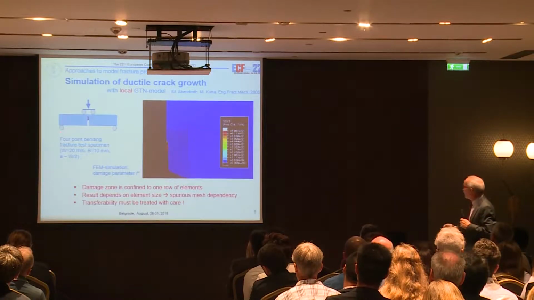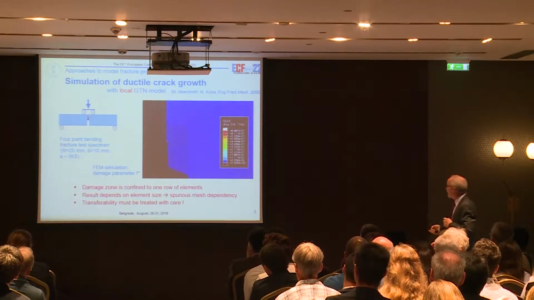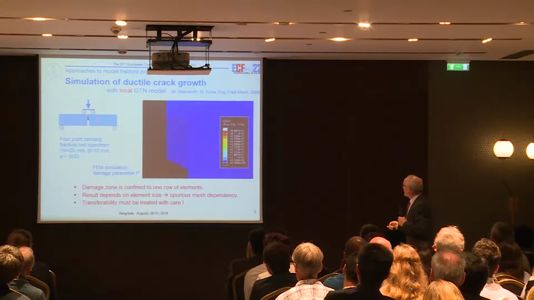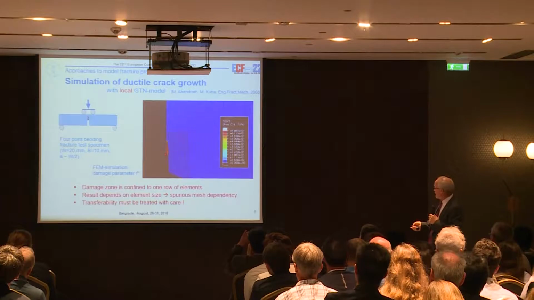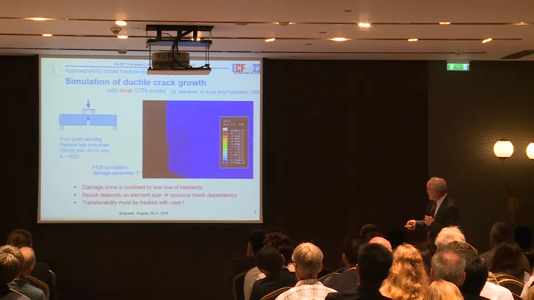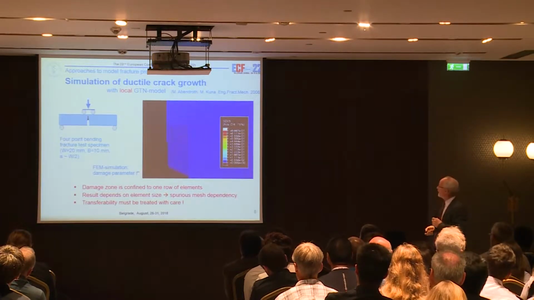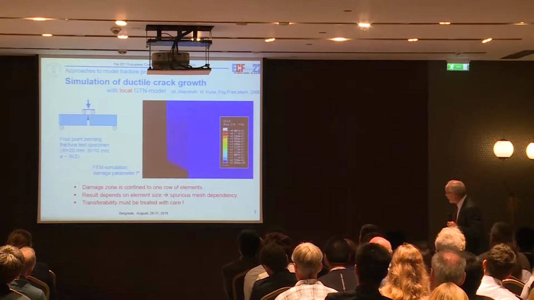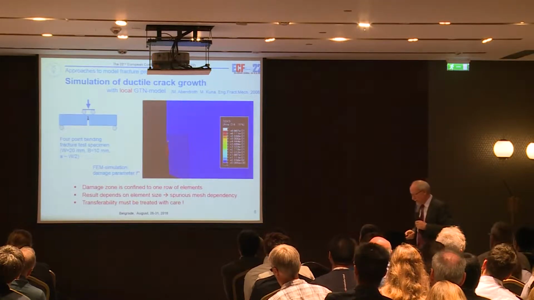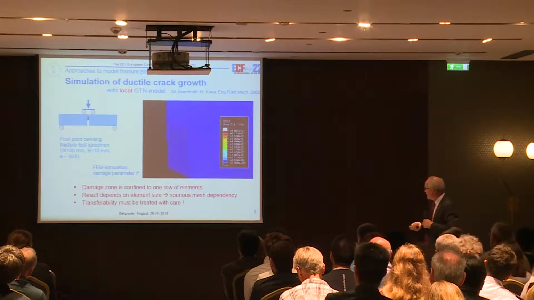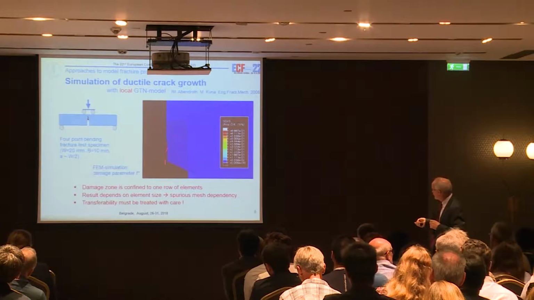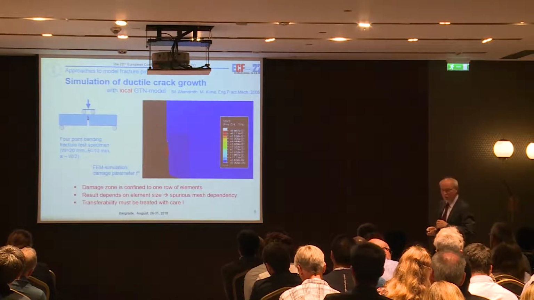Here, one of our old results: 3-point bending, elastic plastic behavior. And here you see the FEM simulation of crack growth by means of ductile damage. These red elements are the completely damaged elements, and this is crack growth. For this model, which has a softening and no length scale, the damage is confined to one element row only.